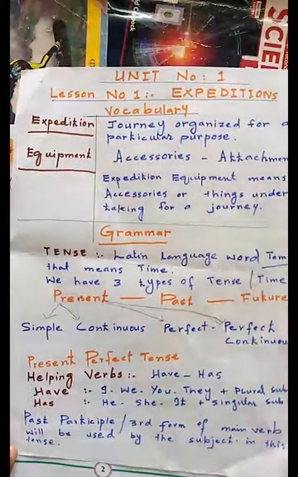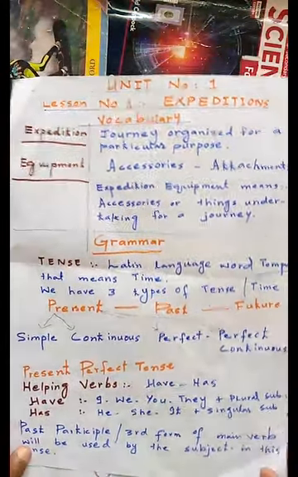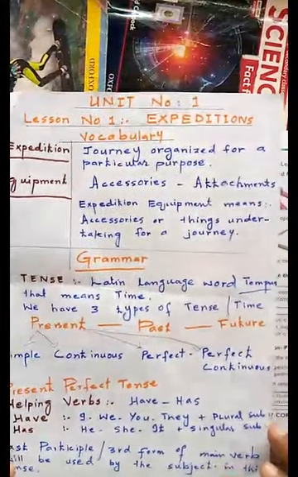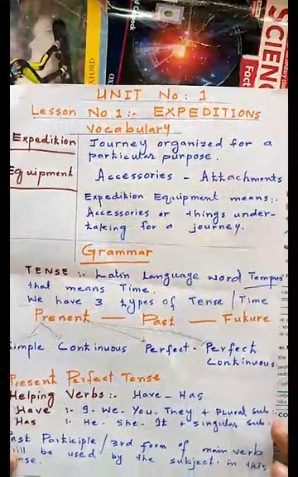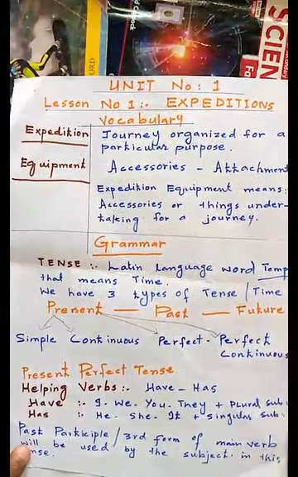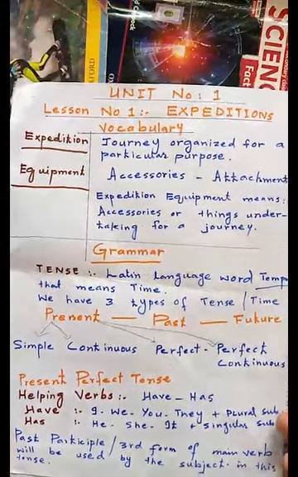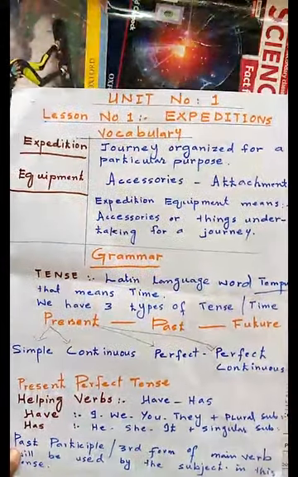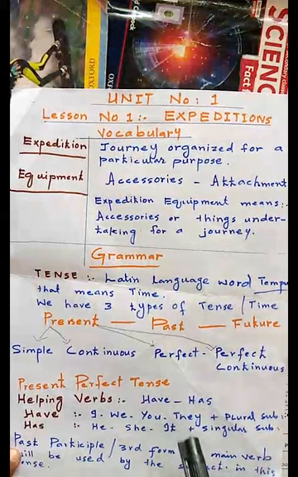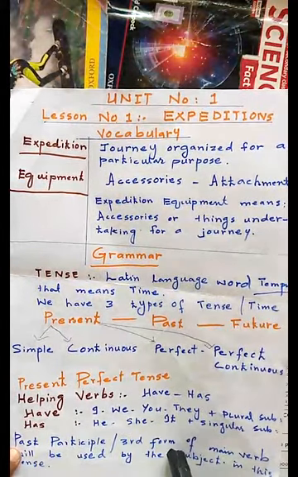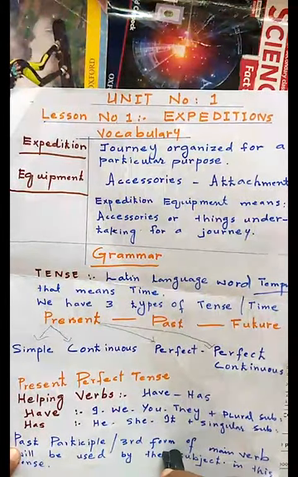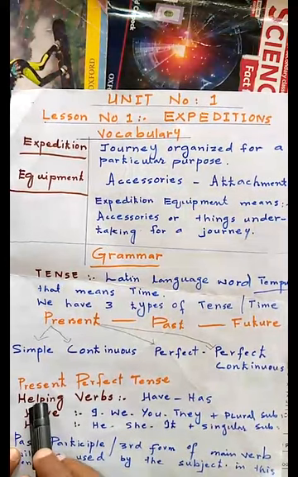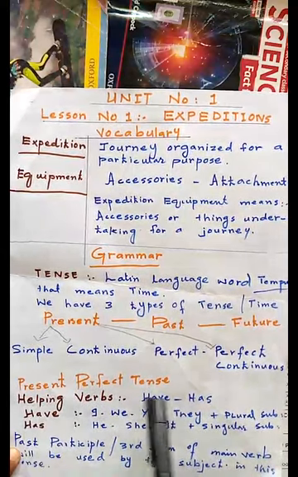Clear? So students, this was our first lecture from the book, class 5. I hope all of you can understand my language and this lecture. Now you have to read present perfect tense and make some sentences in your homework. You have to make some sentences which show present perfect tense.